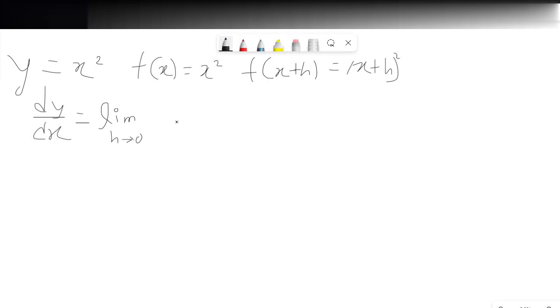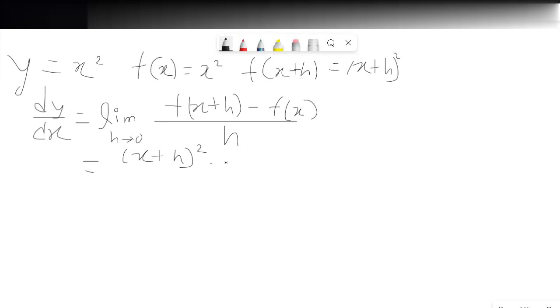The limit as h tends to 0 of f(x plus h) subtracted by f(x), divided by h. So if you place these values, you will get x plus h whole squared subtracted by x squared, divided by h, and don't forget your limit here, h tends to 0.